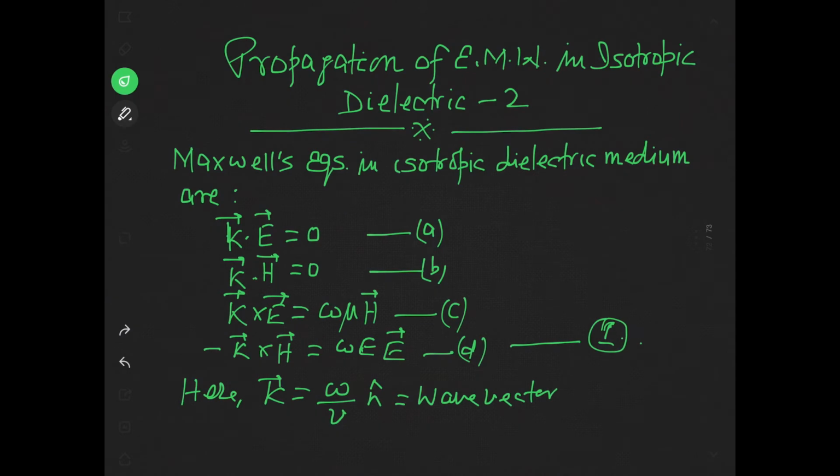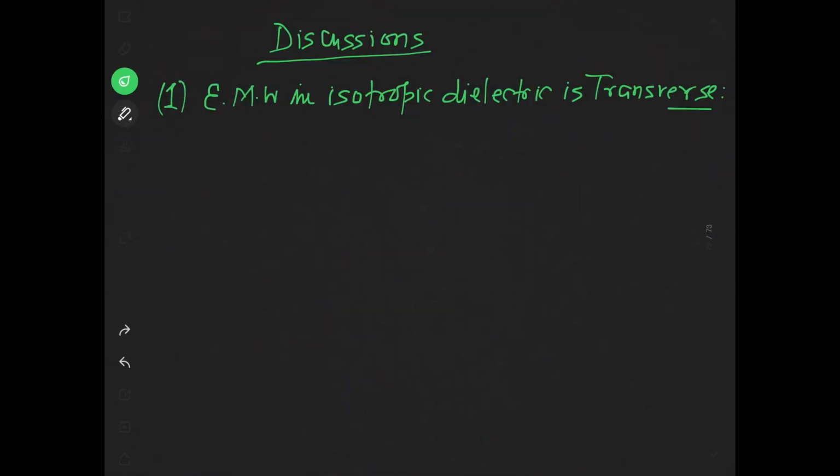And in this case, you can see it easily from equations 1a and 1b. Equation 1a states that k dot E is equal to 0.